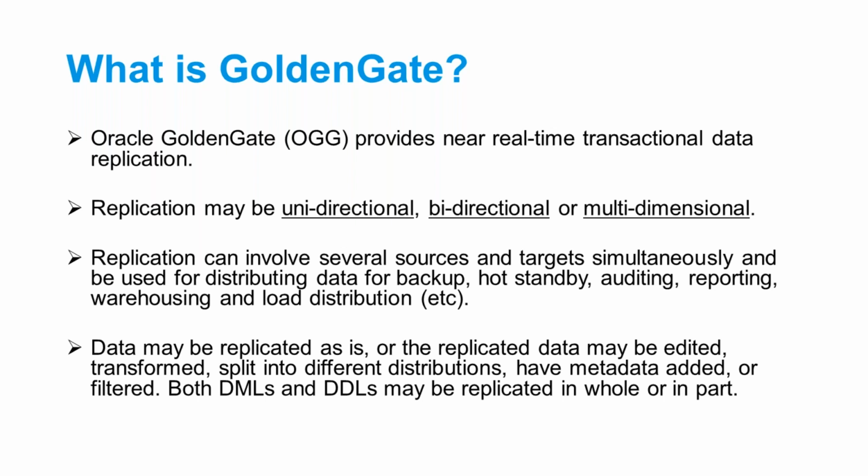With Golden Gate, the replication can be unidirectional, bidirectional, or multidirectional. By unidirectional, we mean that replication happens one to one, with a source side and one target side. The application connects to the source, which replicates the data to the target side.